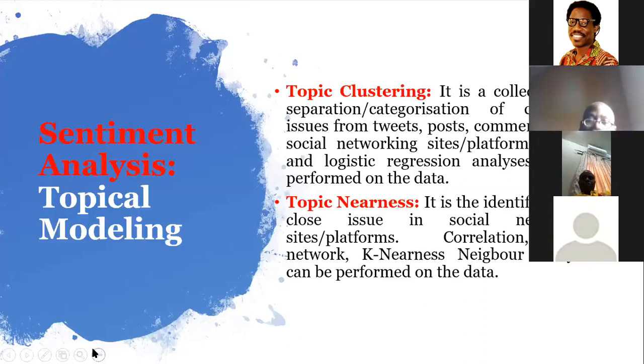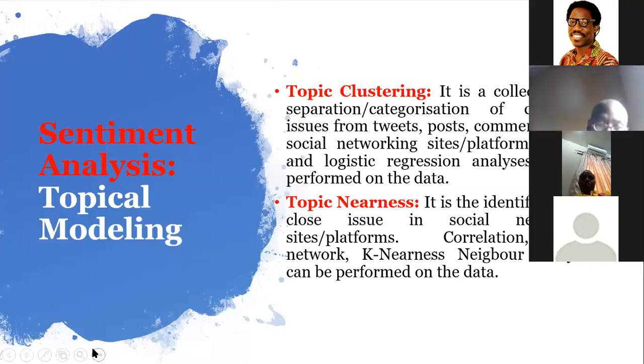So if you are saying, I've discovered that people are discussing corruption, killings, and coronavirus in Nigeria, I can now ask what the link is between the coronavirus discussed by people and the killings or health issues or any other things that I have in mind to study. So we also have topic nearness.